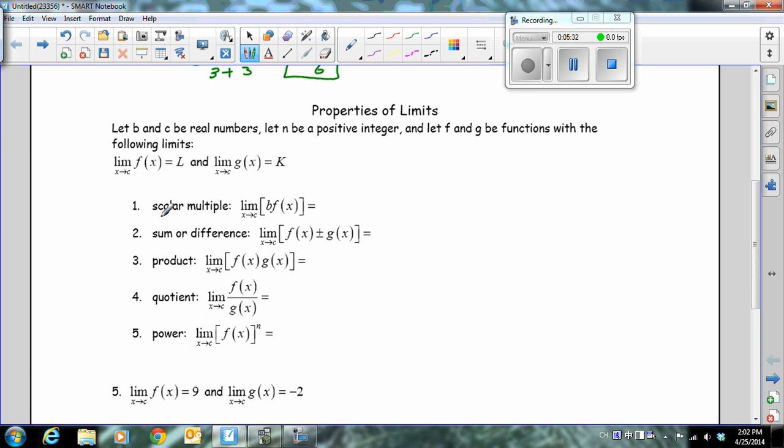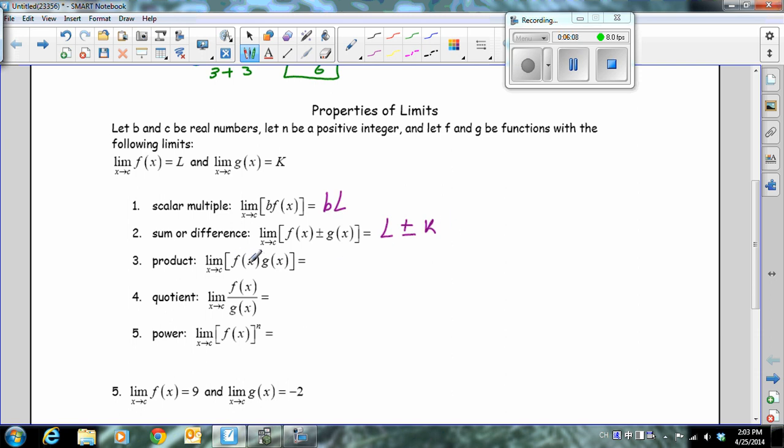Now, scalar multiples: the limit of b times f(x), meaning I'm multiplying the whole function by b, will give me b times L. In other words, it gives me the same limit but times the constant, or scalar, b. The sum or difference: if I add or subtract two functions, knowing their limits, the limit of the sum or difference is also the sum or difference of the limits.